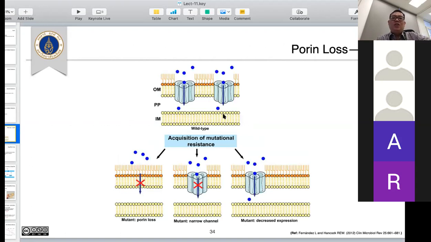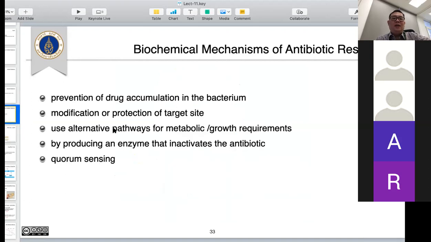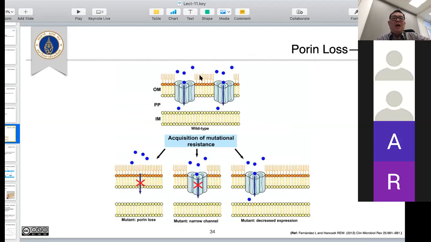This is mutation, one of these mechanisms, okay? Normally, this is the outer membrane of gram negative bacteria, okay? Antibiotic passes through to the periplasmic space by porin protein, okay? The way bacteria mutate is to lose porin protein, then antibiotic cannot go inside the cells.